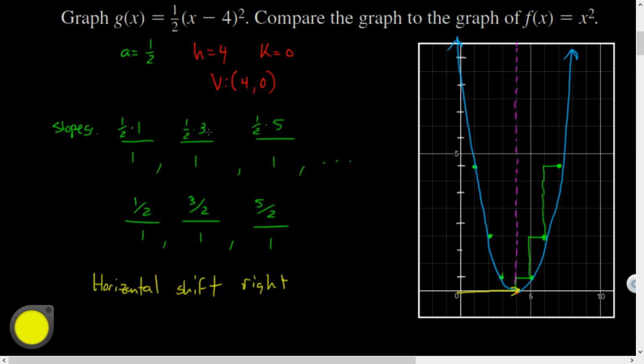It's shifted based on the h value, so 4 units. And then it was a vertical, what I call a smoosh. I'm just going to use that word. By a half. So in terms of transformations, that's what occurred to my graph.